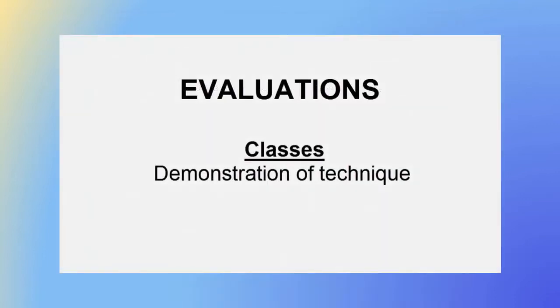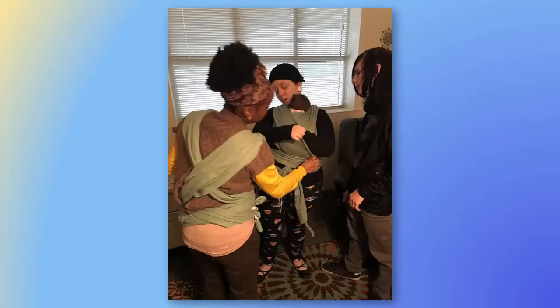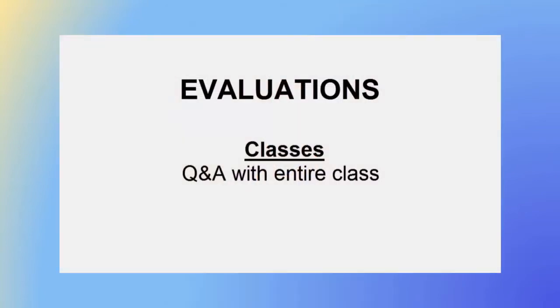Another evaluation technique is asking for a demonstration, like showing a different breastfeeding hold with a stuffed animal or a doll. Finally, you could also ask questions of the group and get several answers for the behavior question to assess effectiveness. Do not put anyone on the spot.